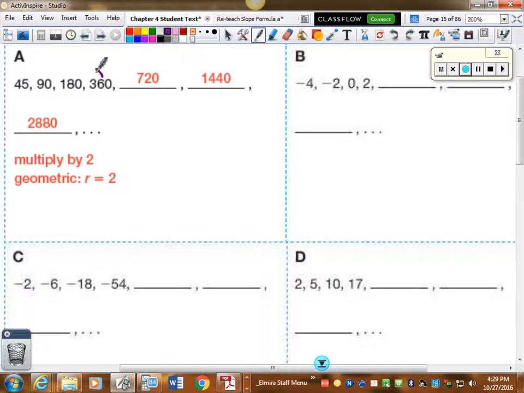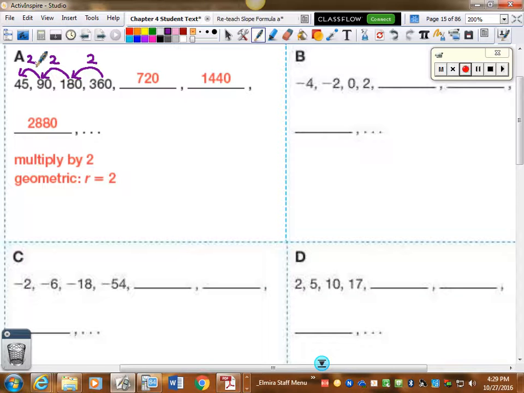360 divided by 180 is 2. 180 divided by 90 is also 2. And 90 divided by 45, 2.